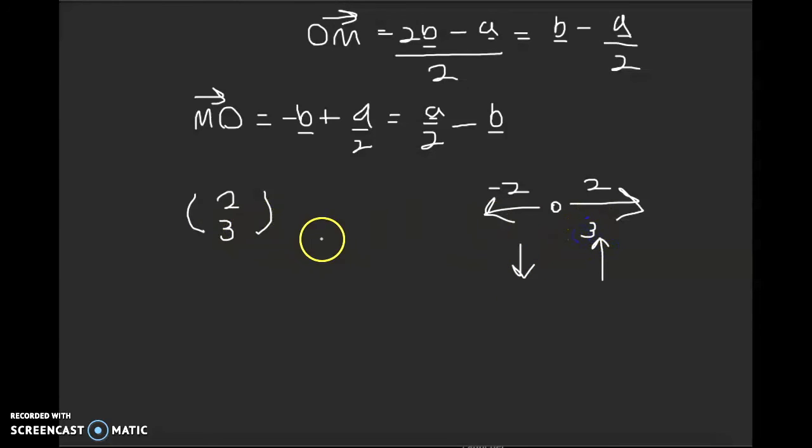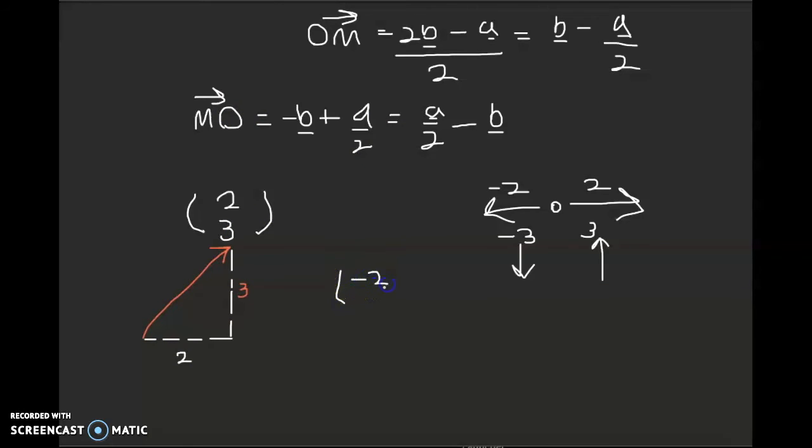The bottom number shows movement up and down, so positive 3 is up and negative 3 is down. If we say that the bottom left here is the center 0, 0, we'd go 2 to the right and then 3 up, and we would join the 2 points up and get the vector. You may be asked to represent this on a graph.